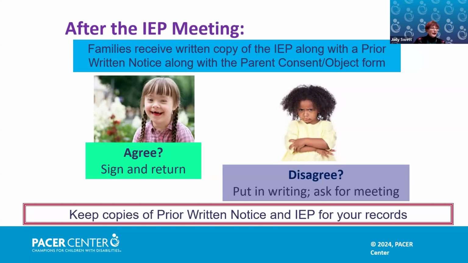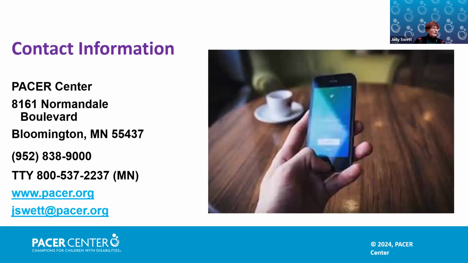So it's important that you look at that entire IEP and determine what your action is going to be. And again, if you have a concern and want to talk with a PACER advocate, our general number is 952-838-9000. That information will also be on the slide at the end of this workshop. Just important information for you to have.